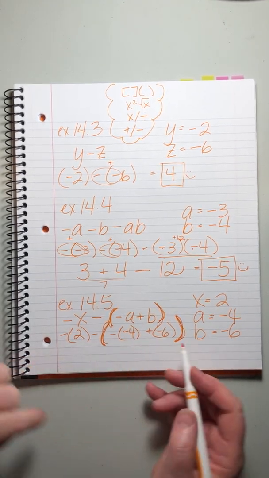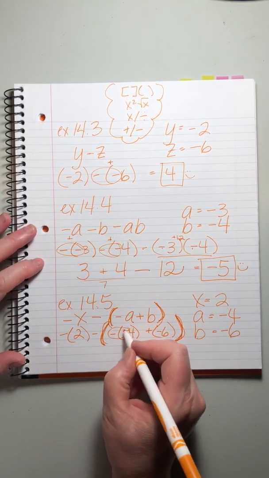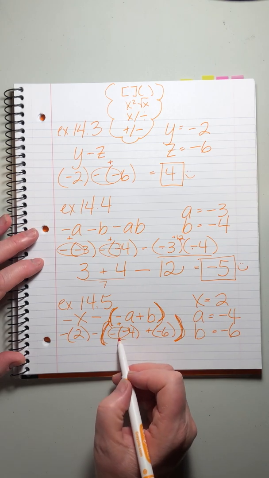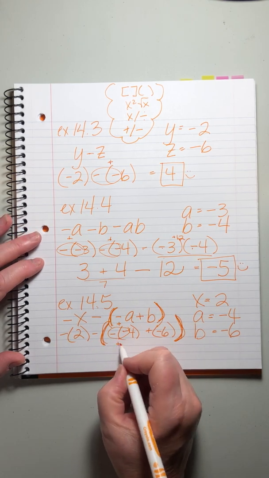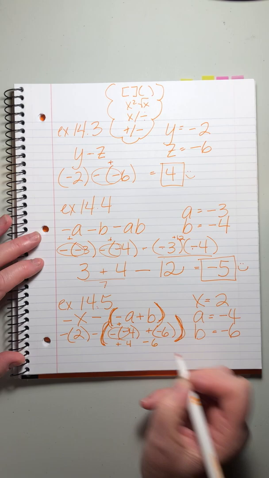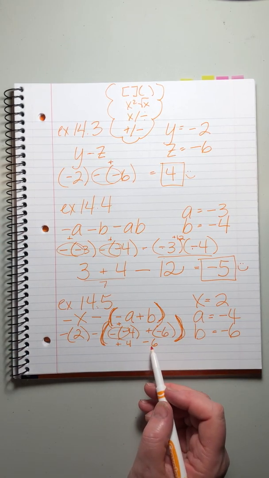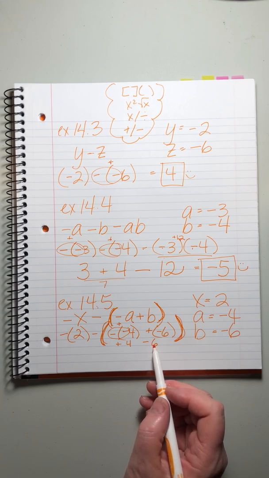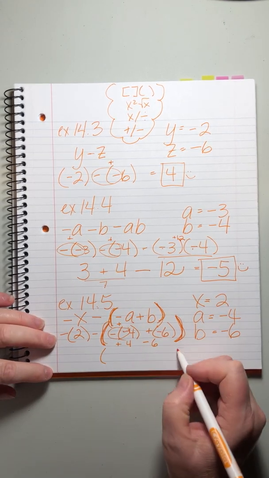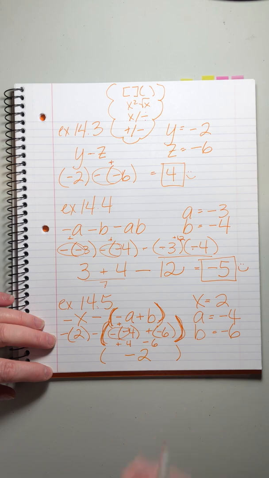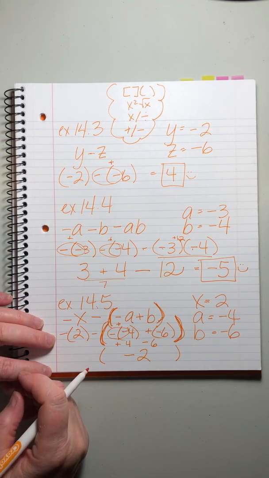So work in parentheses first. These two together make a positive. Positive 4, so this is positive 4 minus 6, right? The difference is, they're opposite directions. The difference is 2. The larger number is negative, so this whole thing comes down to -2. Yeah?